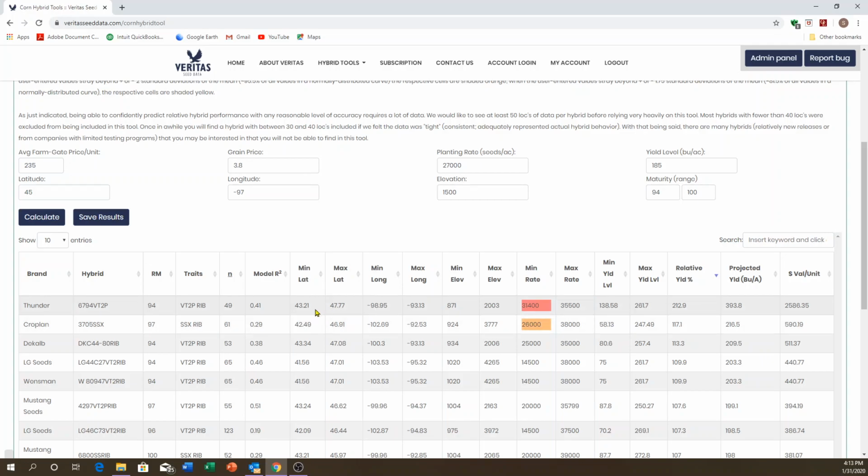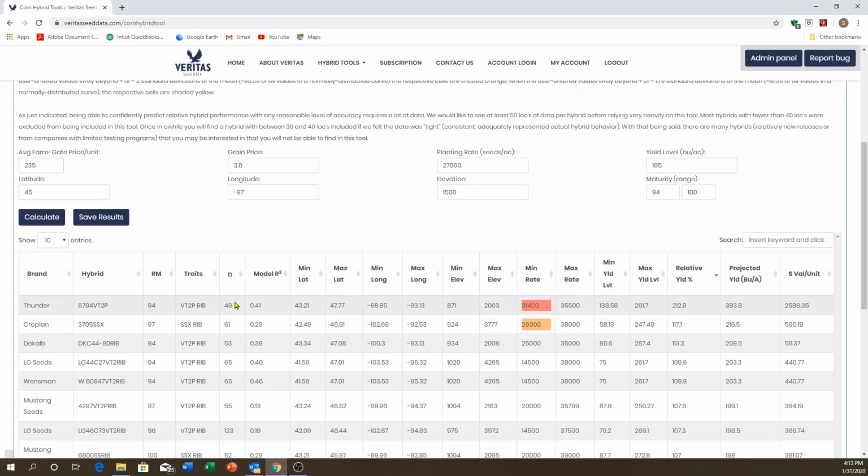This is the range of latitudes that I have available for this hybrid. This is the range of longitudes, where we actually have tested values that fall in between those ranges, elevation, planting rates, and yield level. Now notice this Thunder hybrid.